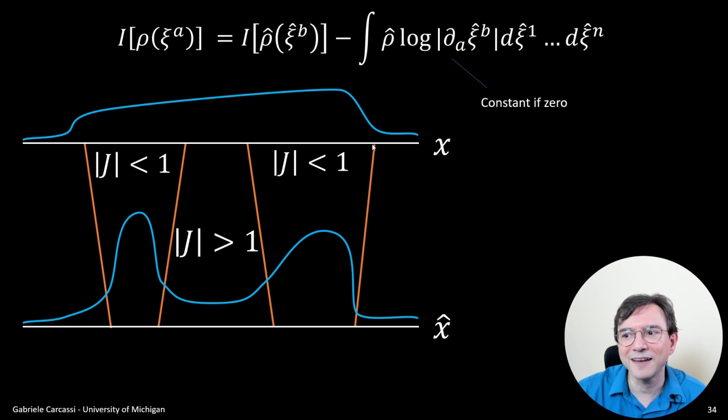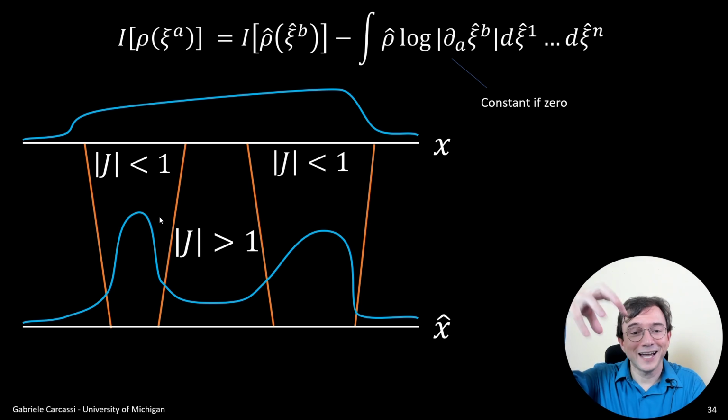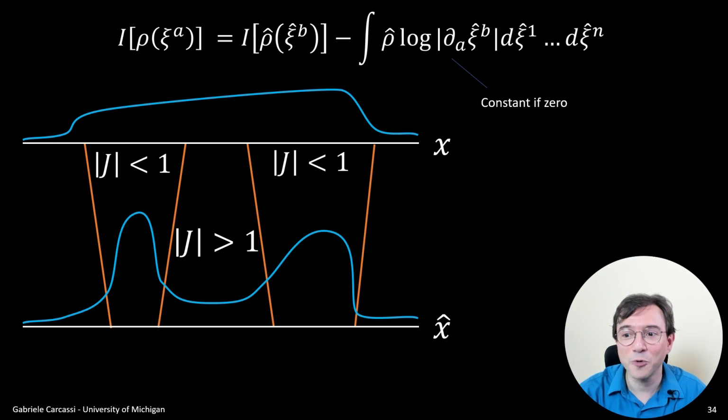And we can really understand how this works because the Jacobian tells us how much we are shrinking or stretching the distribution. So for example, let's assume that we have a distribution here, and in this area we are shrinking it down, so the Jacobian is decreasing, and the distribution becomes more peaked.